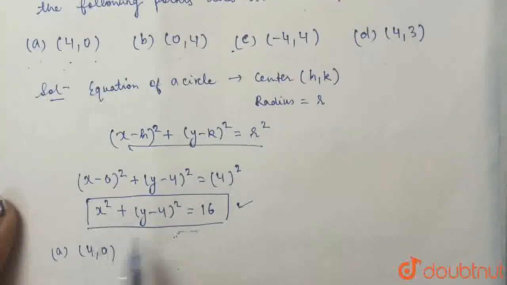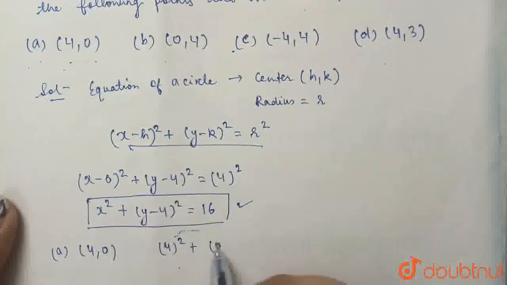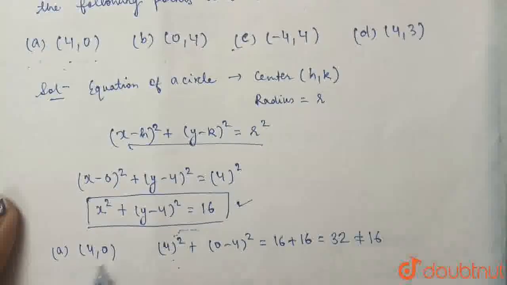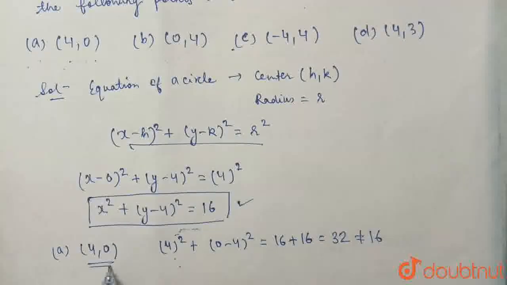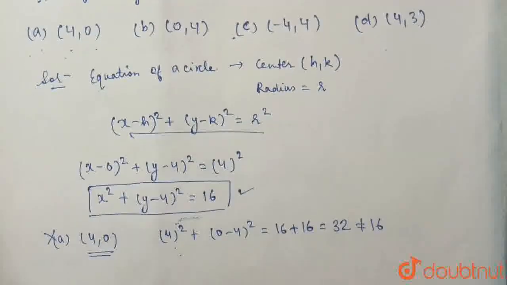Putting the values of x and y in this equation, we see that 4² + (0 - 4)² is equal to 16 + 16, which is 32, which is not equal to 16. So this point does not lie on the circle. Hence option A is not correct.